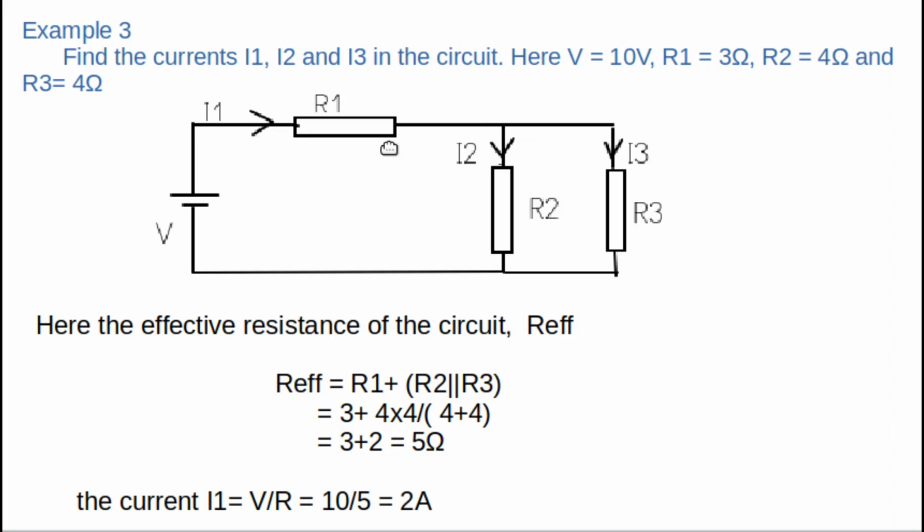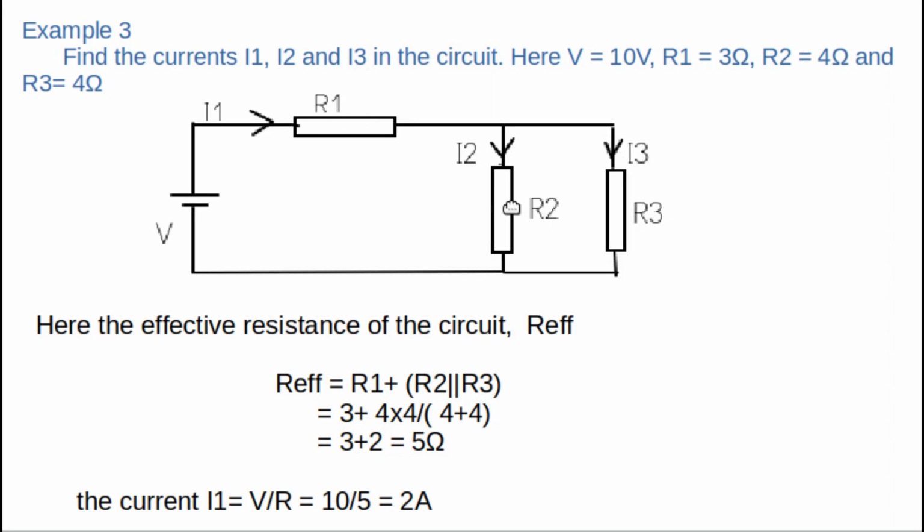We can see here that these two resistors R2 and R3 are in parallel. So we can easily find out the effective resistance of R2 and R3. Then that effective resistance of R2 and R3 will be in series with R1.